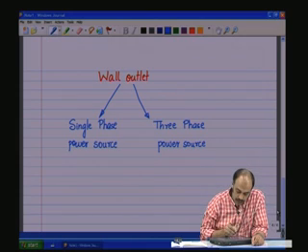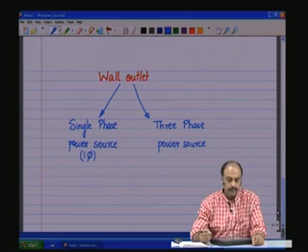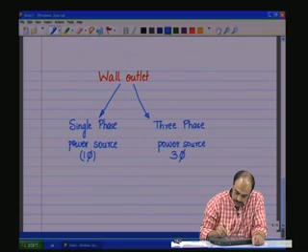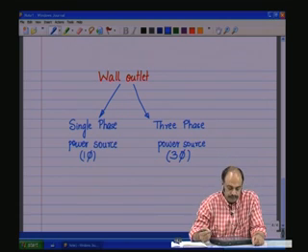In the literature, you see that the single phase power source is also written like this for short, and the 3-phase power source is written like this, 3 followed by 5.